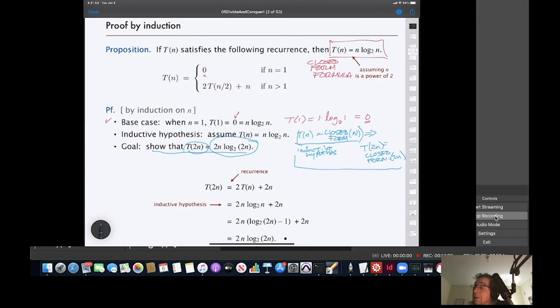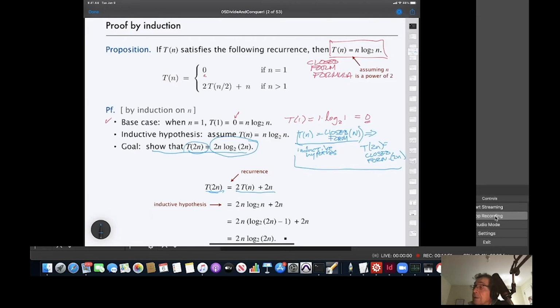So let's try to do that. How do we do that? Well, first we write the recurrence. We start from the recurrence: T of 2n equals 2 times T of n plus n. And then, since we can apply the inductive hypothesis, we just assume that they give the same result for a value of n.